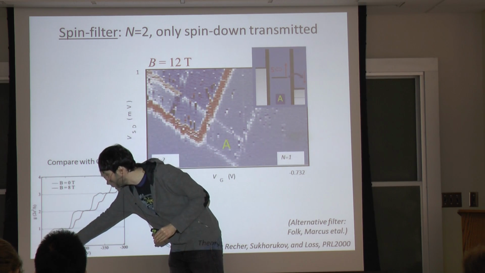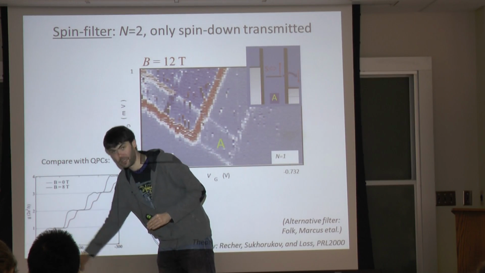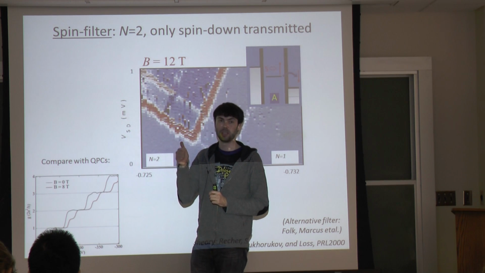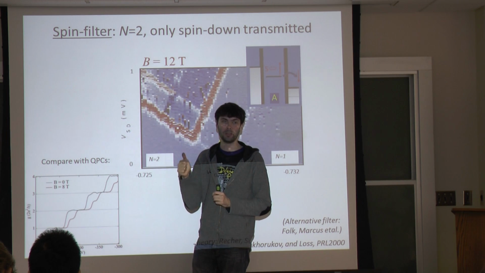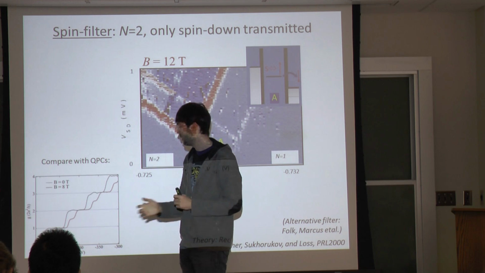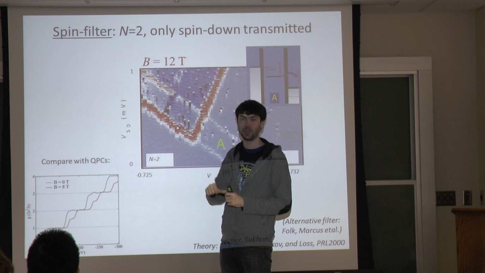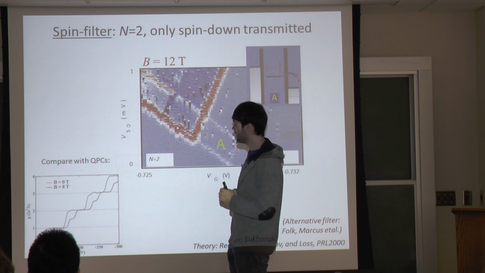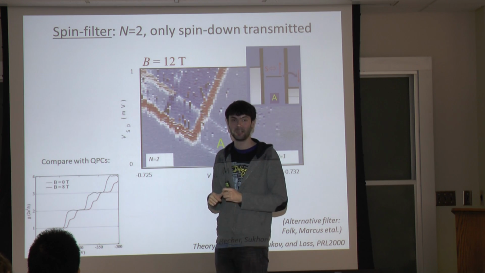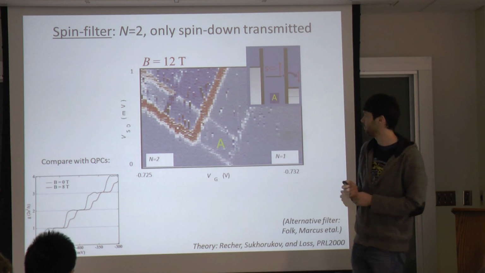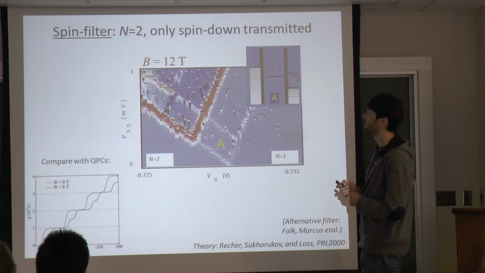And so if we tune the gate here at the lowest step, we are only allowing one spin to pass, the spin up, the lowest energy spin. With this technique, we cannot pass the opposite spin, though. We cannot pass spin down. But we can pass a lot more current because the conductance is very high. So, spin filters.